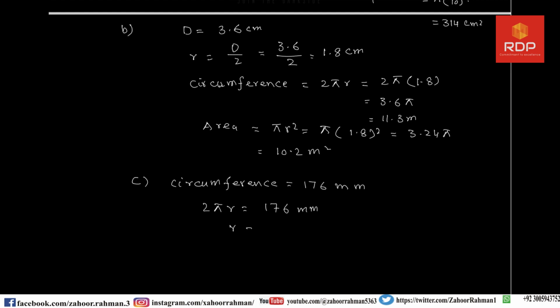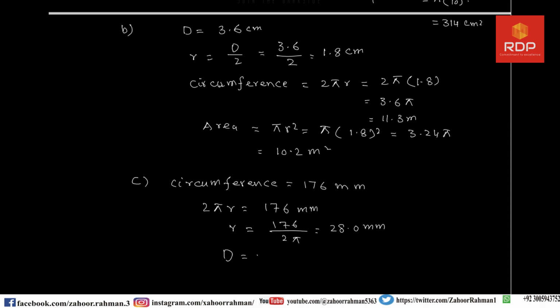So we are finding the radius, so 176 divided by 2 pi, and when we calculate it we will get the answer as 28.0 millimeter.